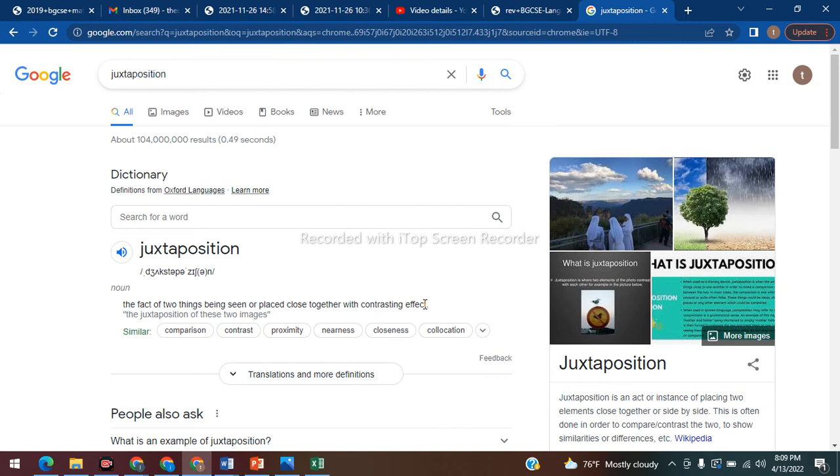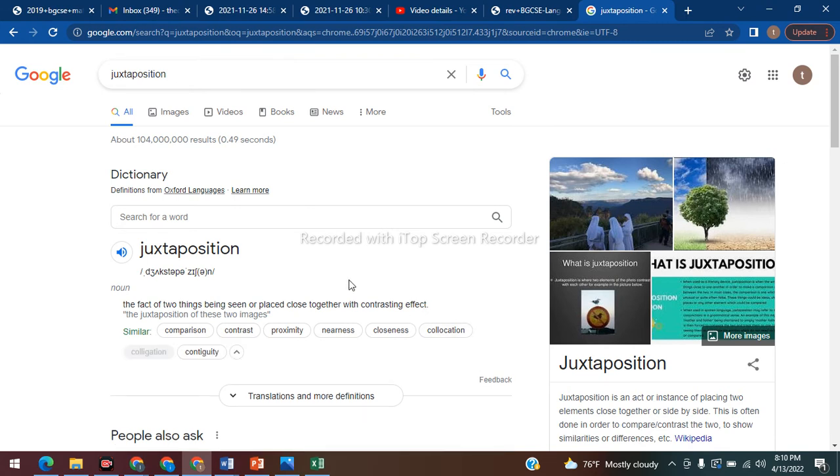Sun and moon. Another one is Beauty and the Beast. It's clear there's a difference, right? So juxtaposition is when you deliberately place two things side by side to show their difference.